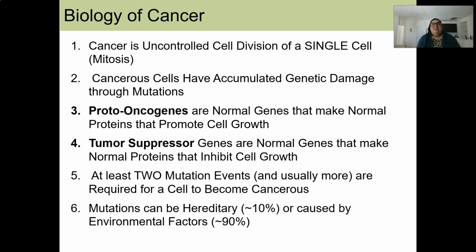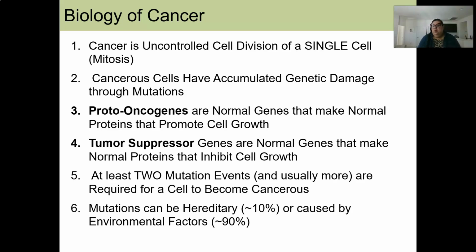proto-oncogenes. So what does this mean? Proto-oncogenes are normal genes, so genes in our DNA that make normal proteins that promote cell growth. So proto-oncogenes are normally in our cells and they promote cell growth.